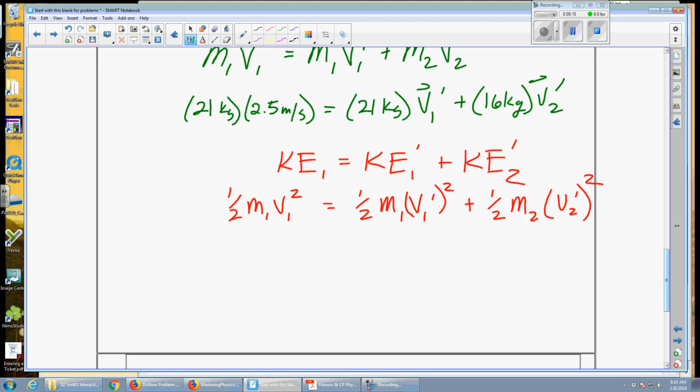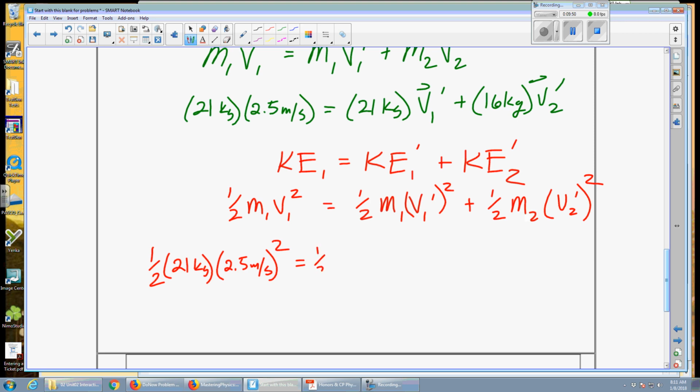Anything I can get rid of to simplify? Any mathematical things I can do to simplify that? No? All right. Let's continue forward then. 1/2, 21 kilograms, 2.5 meters per second squared.